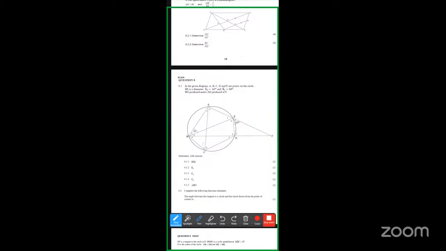Angle A, okay. You are saying since this angle is 90 degrees, angle C and B can also be 90 degrees, and the reason will be angles at the center. You are saying angle C and angle B are 90.